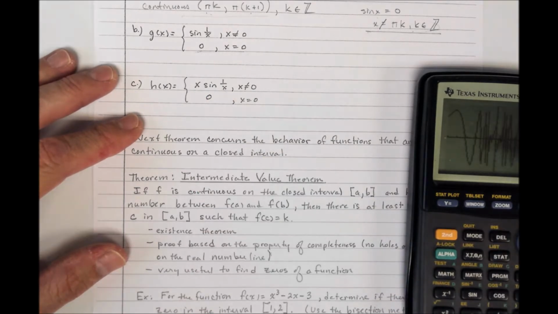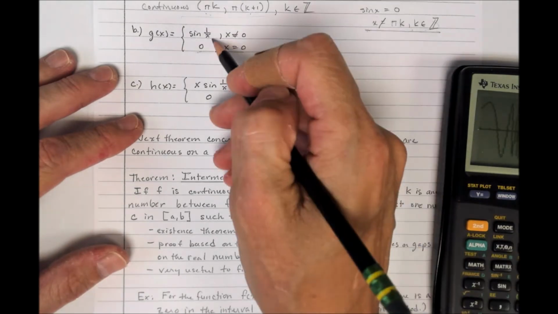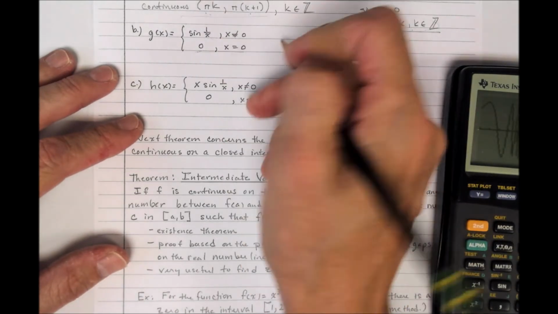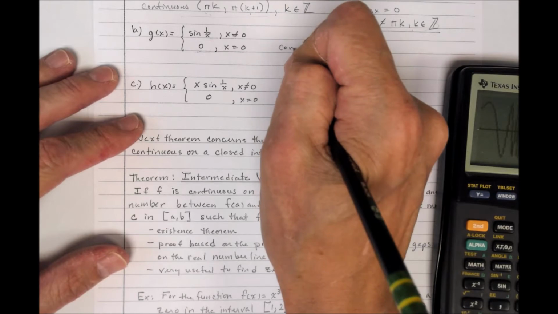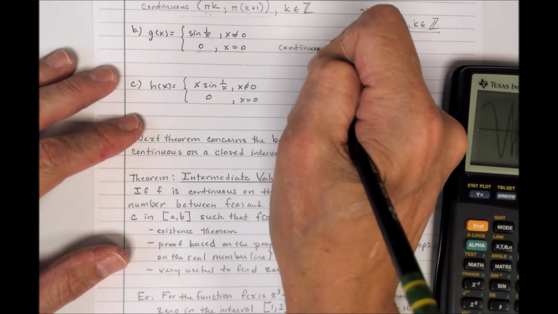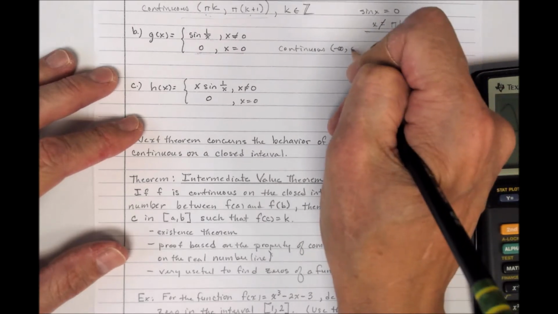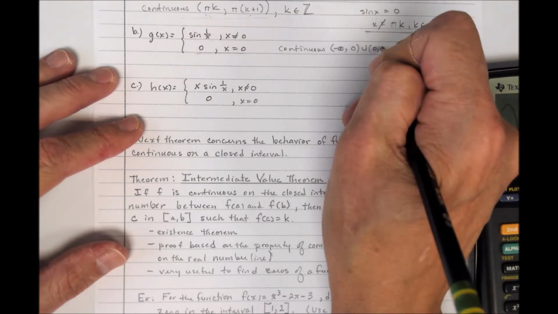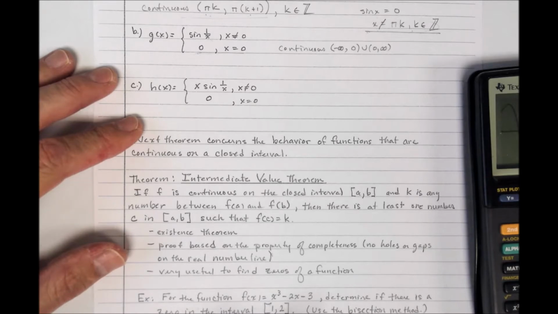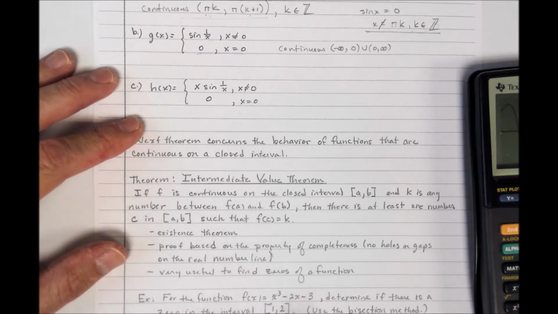The oscillating effect. Whoops, pointing to the wrong one. The oscillating effect. So this is continuous from negative infinity to 0 and from 0 to infinity. Definitely non-removable discontinuity at x equals 0.